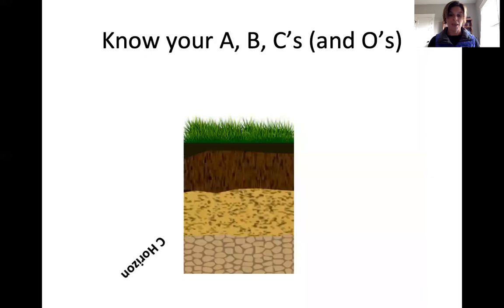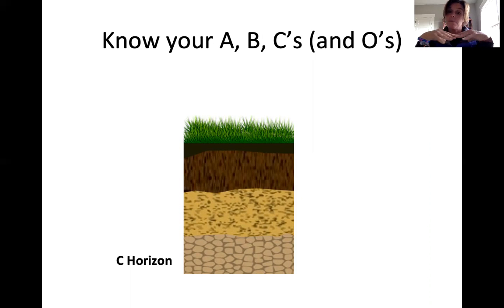All right, so once you have the rocks on the bottom, then we start getting into our 4 soil horizons that you will be learning about. And it's as easy as knowing your ABCs and O's. So we're going to start with the C horizon, which is the one that's just above the bedrock. If you look at your screen here, you can see there are chunks of rock in there.